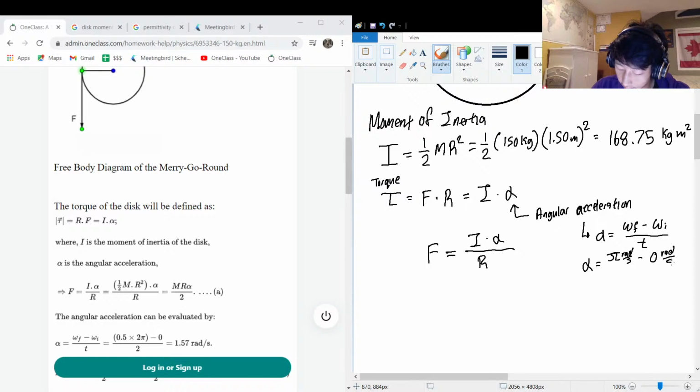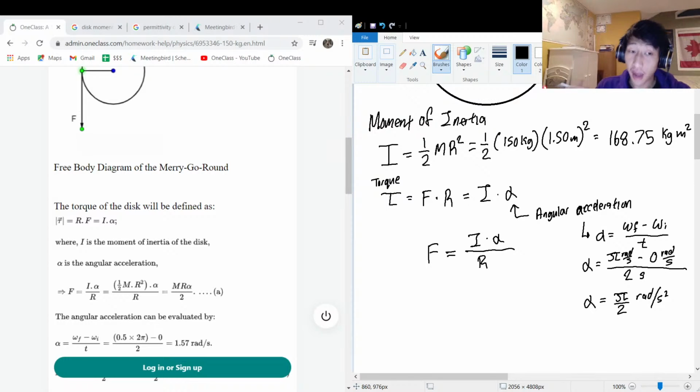The question mentioned that, so that's good. Divided by t, which is 2 seconds. Okay, so alpha is really just pi over 2 radians per second, or we could also write that as per second squared.